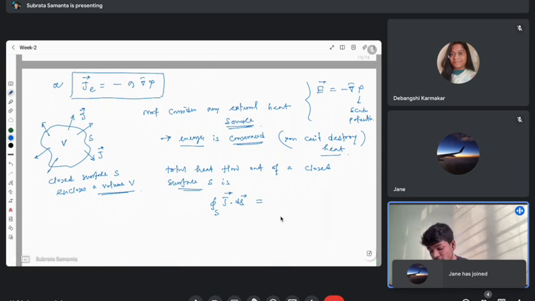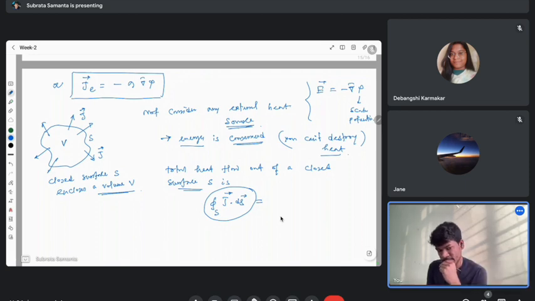What is the dimension of this quantity? This is the heat flux and this is dS. If you calculate the dimensions, the dimension of this quantity is actually the dimension of power.